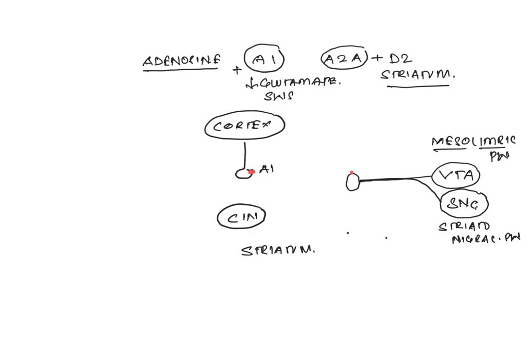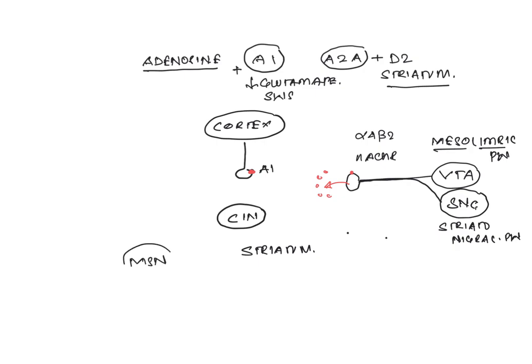Now, these dopaminergic nerve terminals are rich in nicotinic acetylcholine receptors, right? One of them is called the alpha 4 beta 2 nicotinic acetylcholine receptor. So when you stimulate them, you cause the release of dopamine, and we know that dopamine will then act on the medium spiny neurons in the striatum.